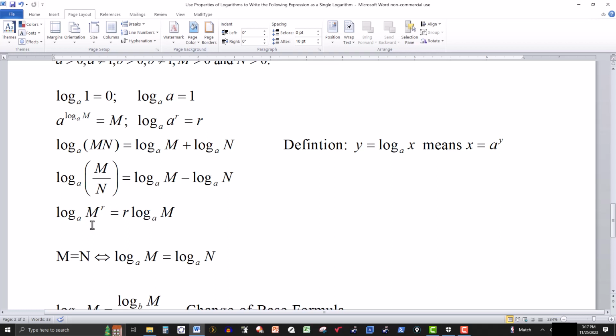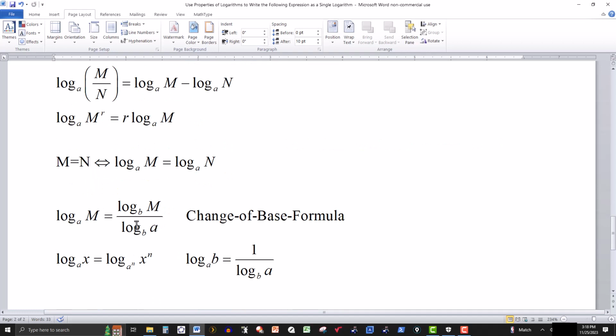We'll also use the next one here, the log of some number m to the power r to base a, can be written as the exponent brought over as a coefficient, r log of m to base a. And we've used the change of base formula in solving logarithmic equations.